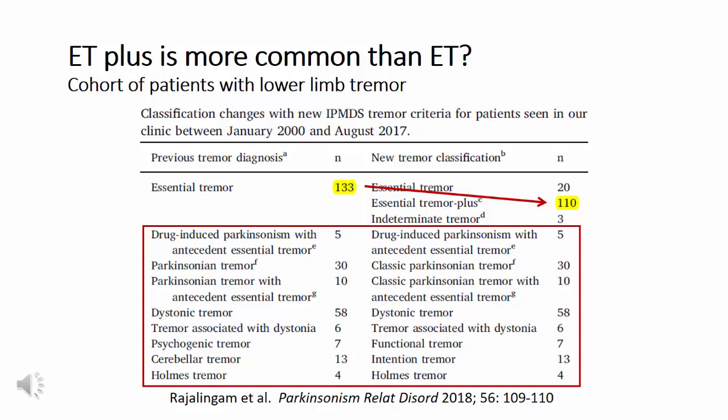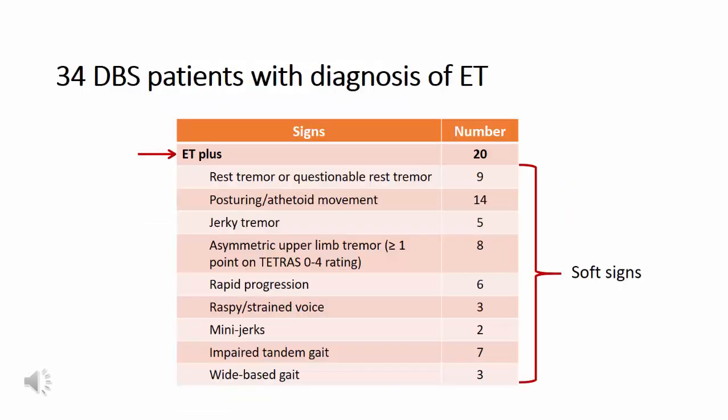Here are some data from my own practice. During a 7-year time span, 34 patients underwent deep brain stimulation surgery for what was loosely defined as essential tremor. Using the new classification scheme, 20 of these patients actually had essential tremor plus. The reasons are listed in the table.